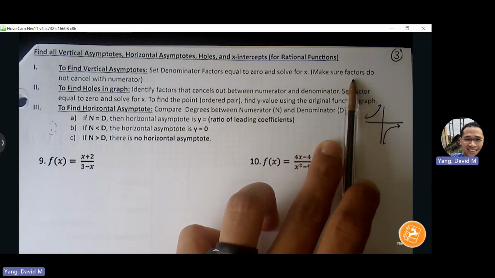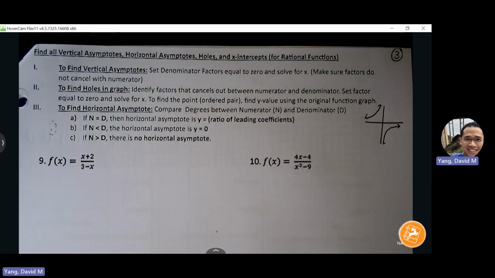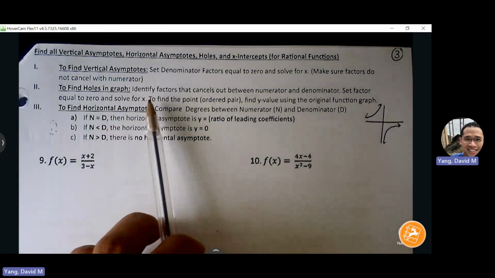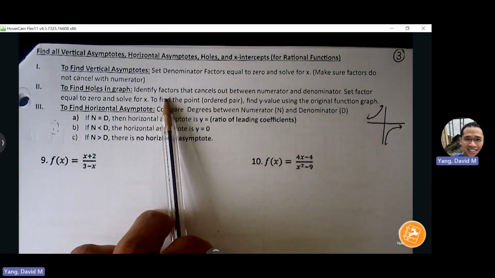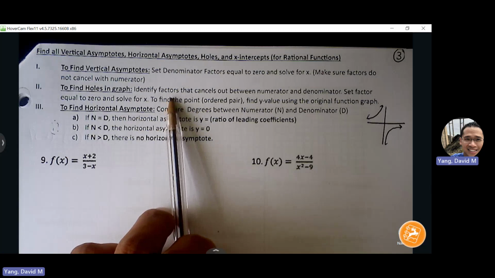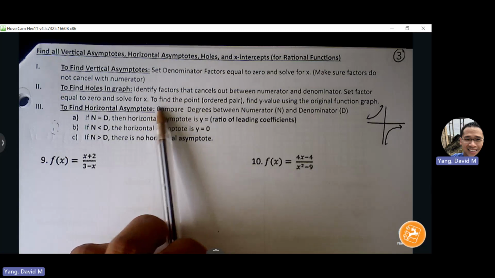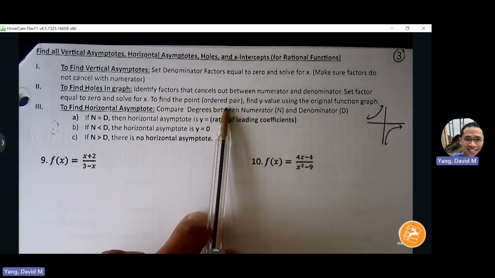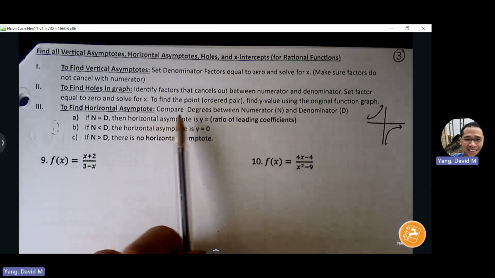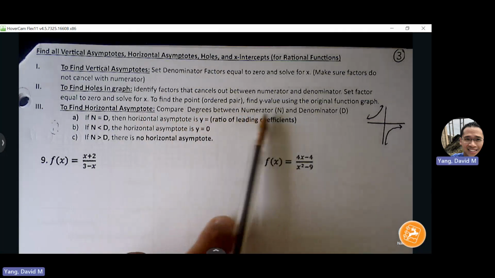If there's a matching factor between numerator and denominator, that is called a hole. If we can find numerator and denominator factors that match and cancel out, that's the location where the hole exists. And then horizontal asymptotes is where we compare degrees between numerator and denominator.